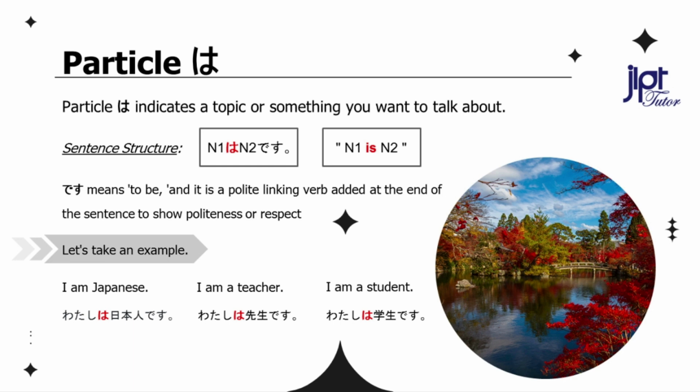I am a teacher. 私は先生です。 I am a student. 私は学生です。 You can make similar sentences by using the same technique on your own.